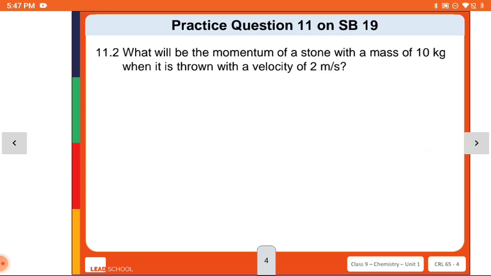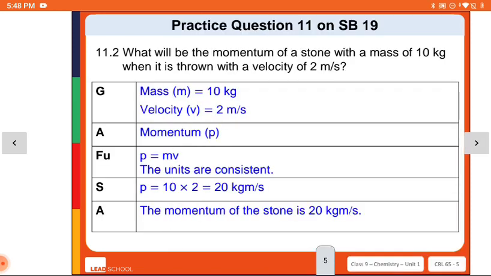What will be the momentum of a stone with a mass of 10 kg which is thrown with velocity 2 meter per second? Students, first of all we write the given. Mass is 10 kg and velocity is 2 meter per second.